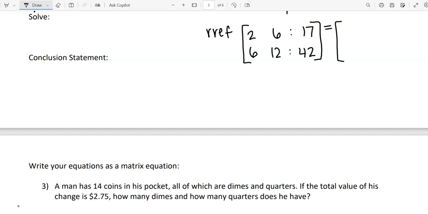What'd you get? Top row first. 1, 0, 4. And then what? 0, 1, 1.5. Did anybody get anything different? Awesome. All right. This is for anybody. Tell me your conclusion statement. We'll start with roses.